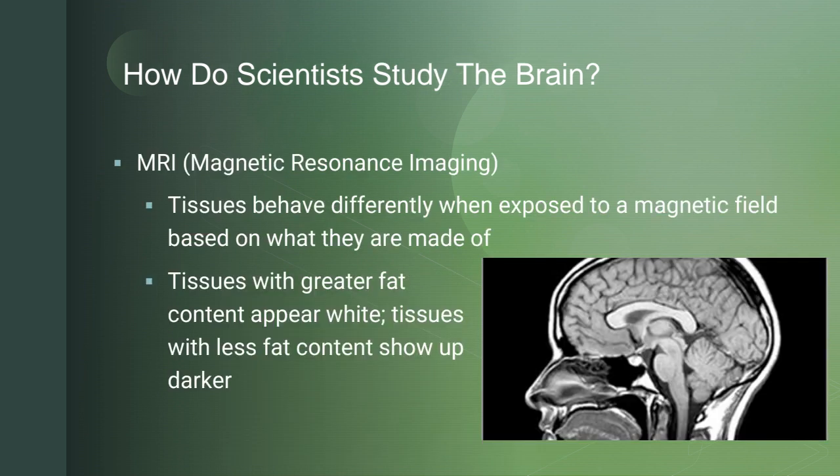Okay, another way that we can study the brain is using imaging, with MRI being one of the most popular ones. This was a big step too, with different types of neuroimaging, because up until the late 1970s, most of our understanding of the structure and function of the brain came from post-mortem human specimens, or was inferred from animal studies.